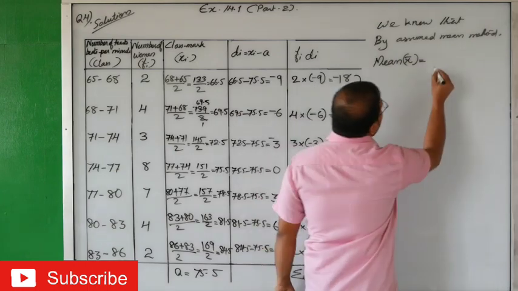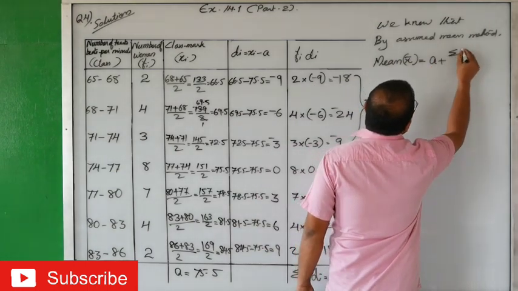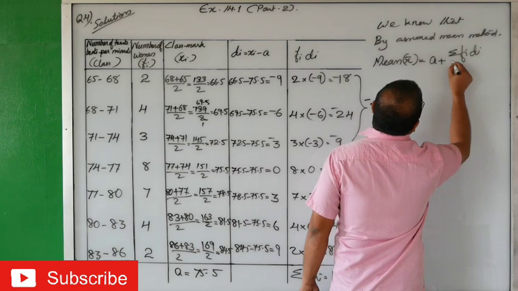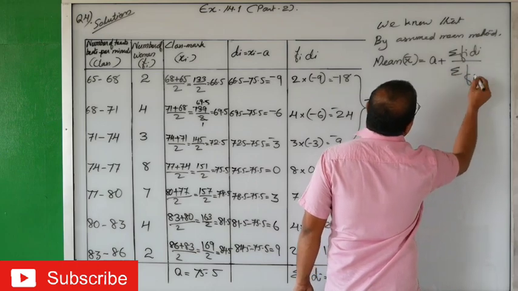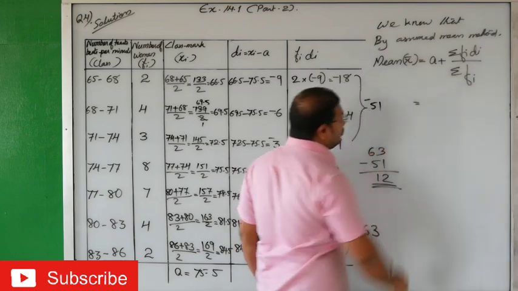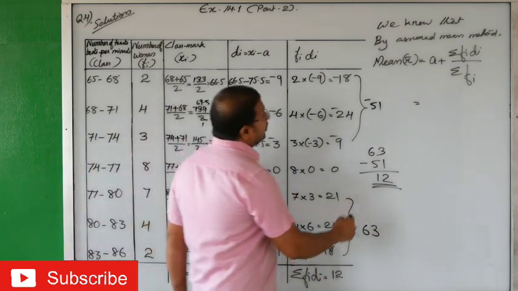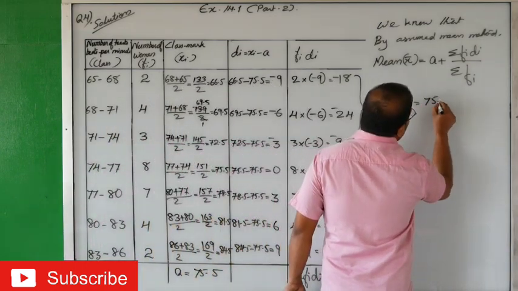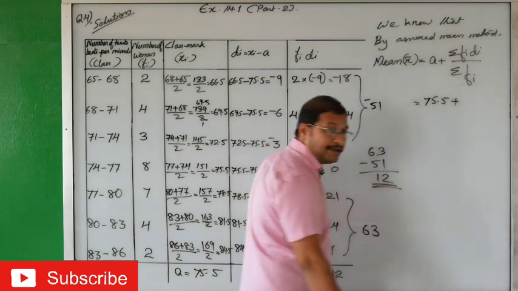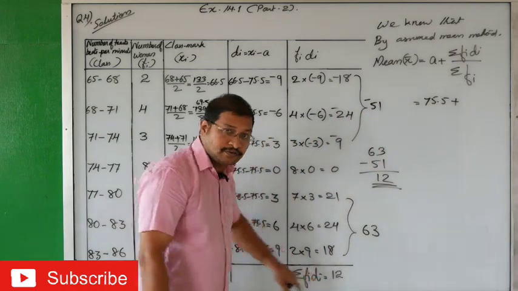A plus sigma fi di by sigma fi. Is it okay? This equals, what is the value of A? We got it before. What is that? 75.5. So 75.5 plus sigma fi di, yeah, 12, isn't it?